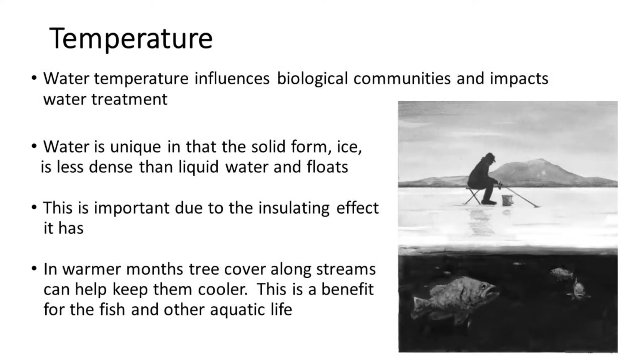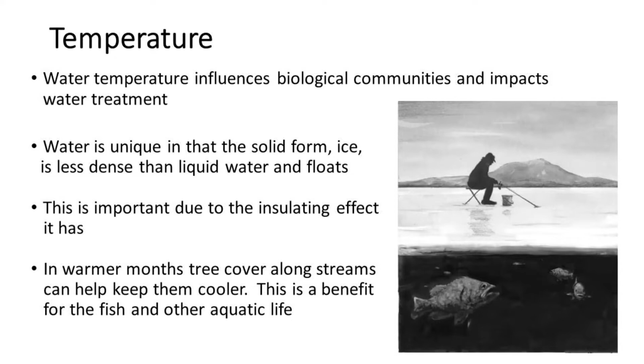One very unique and important quality of water is that it's actually less dense when it freezes. So as you get close to the freezing point, water becomes less dense and it floats to the top of the surface. So if you see a pond in the wintertime that's frozen over, underneath that ice is liquid water and it's insulated so everything else underneath can live, maybe moves a little slower, but yeah, that's very important.